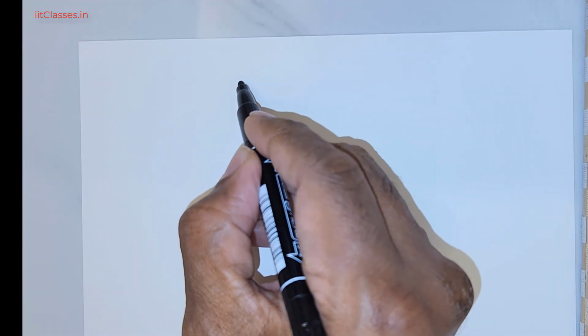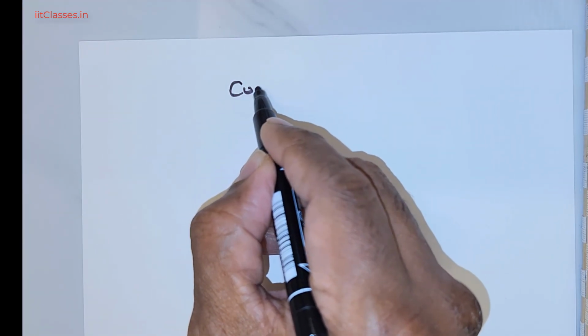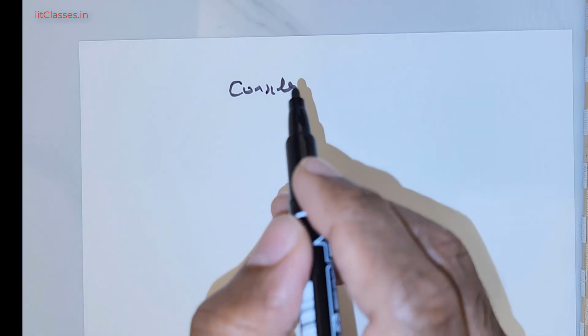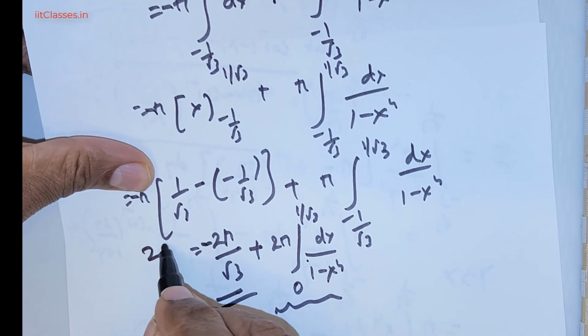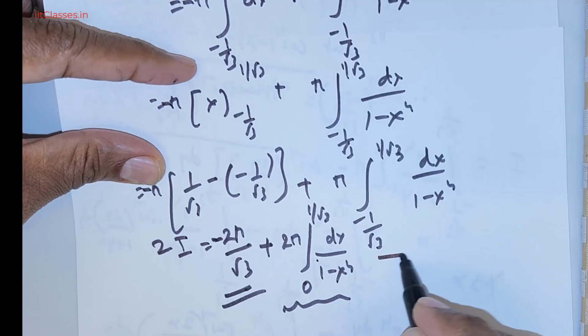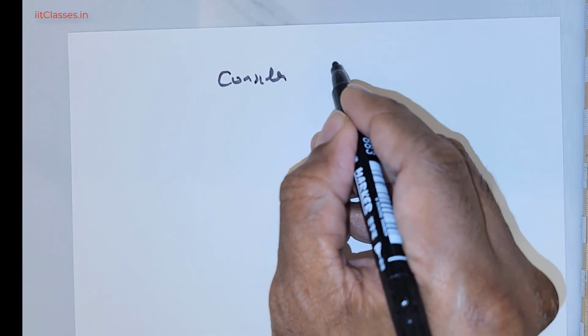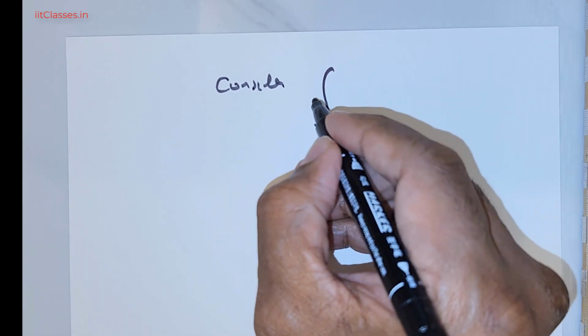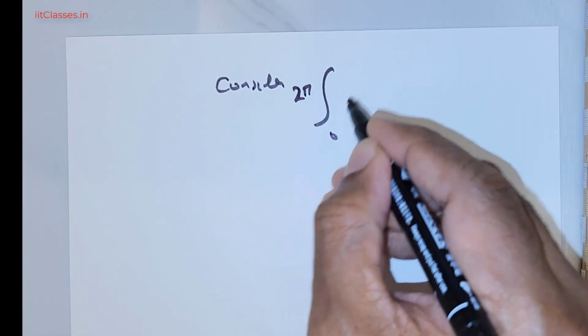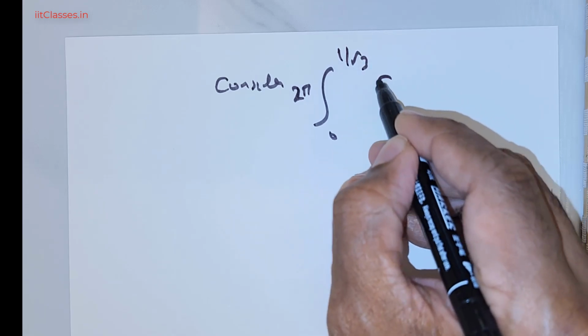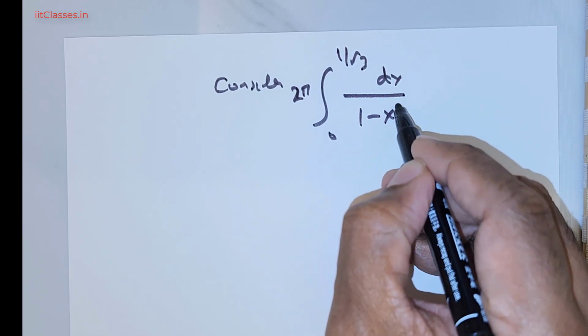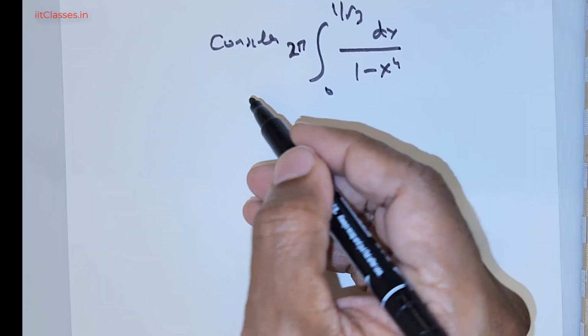This is already done, so I will just consider 2 pi integral from 0 to 1 over root 3 of dx over 1 minus x raised to the power 4. So we need to integrate this quantity.